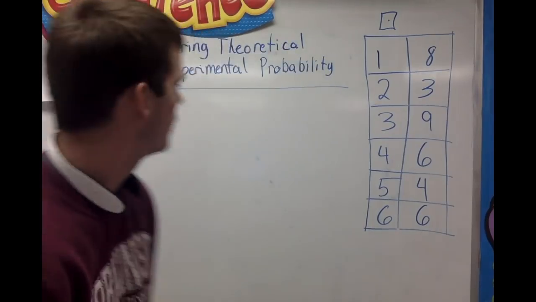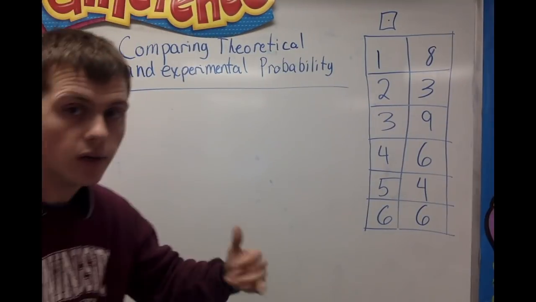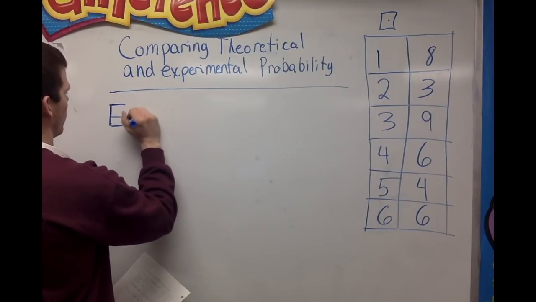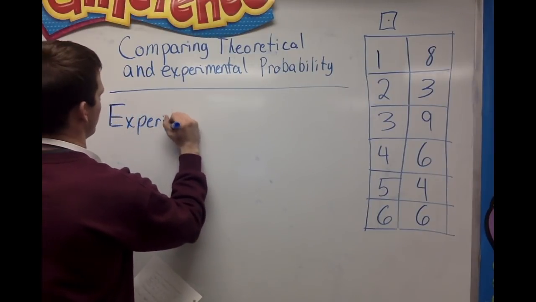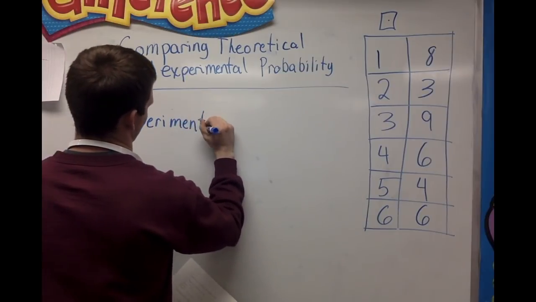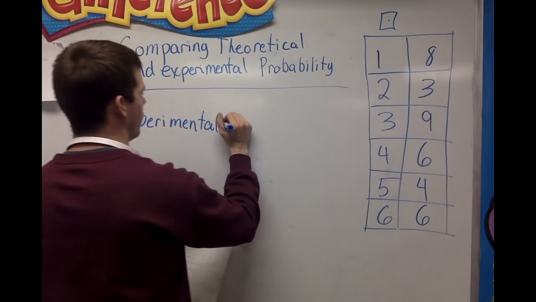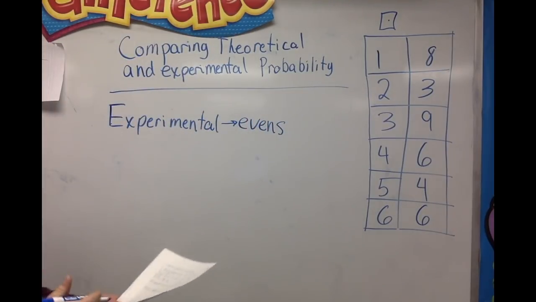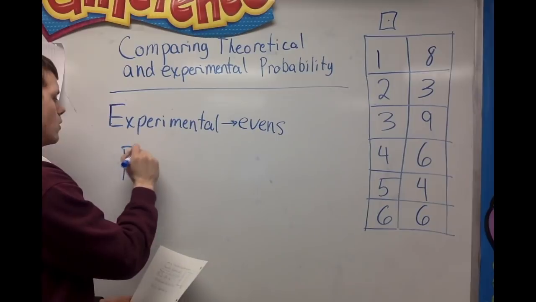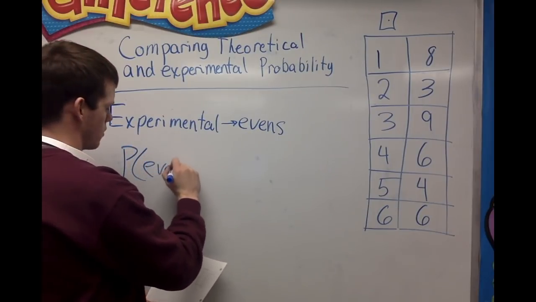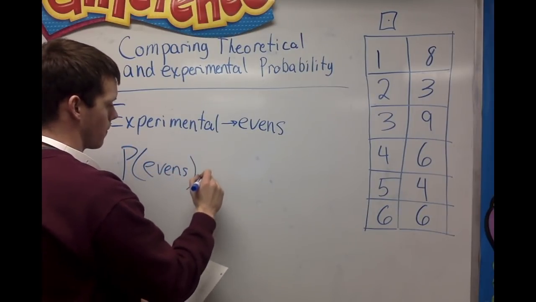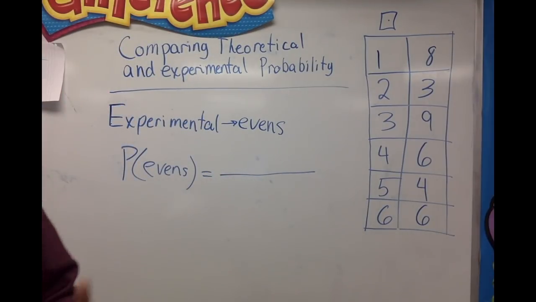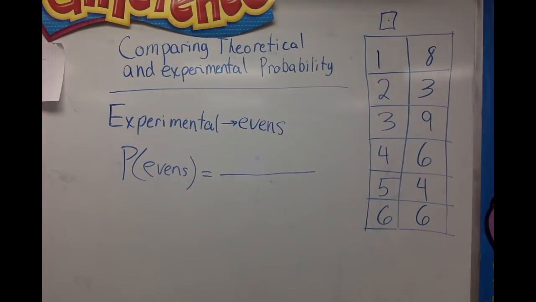The next part asks us to look for the experimental probability of evens. So we'll just go ahead and write that out. Now look back on your sheet and find what experimental probability looks like.